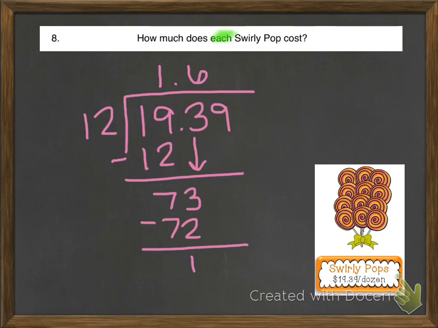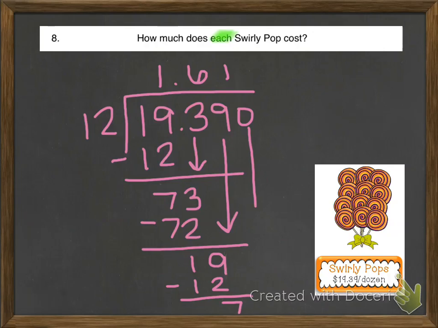Subtracting, I get 1. Bringing down the 9, 12 again goes into 19 one time, with 7 left over, and if I bring down the 0 one more time, 12 goes into 70 5 times.